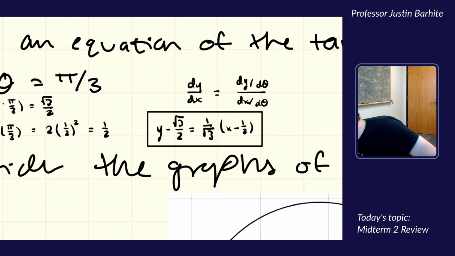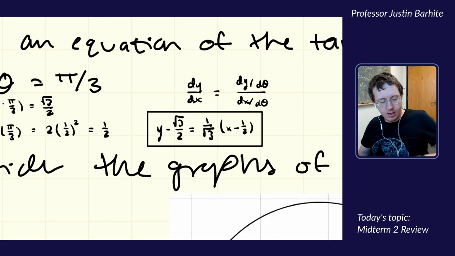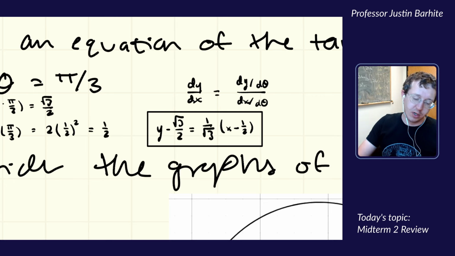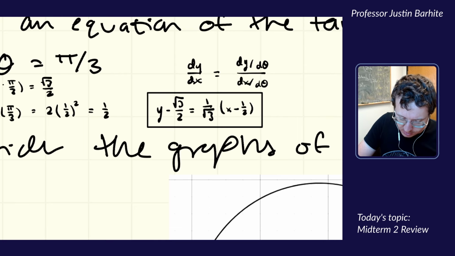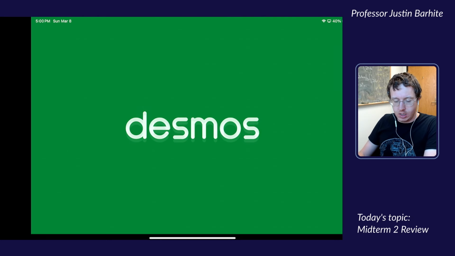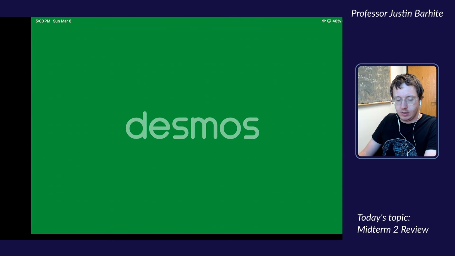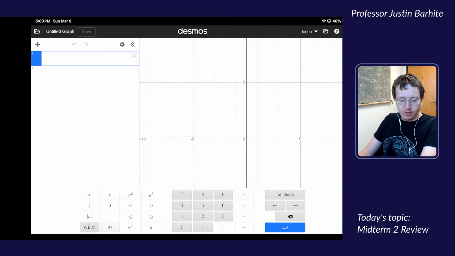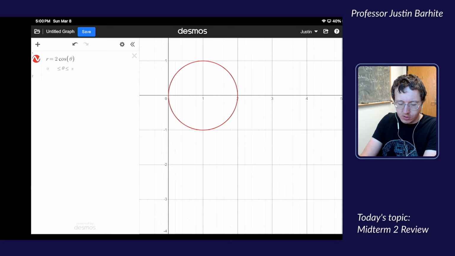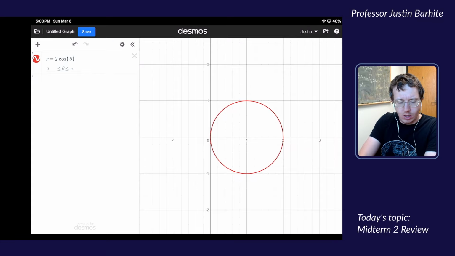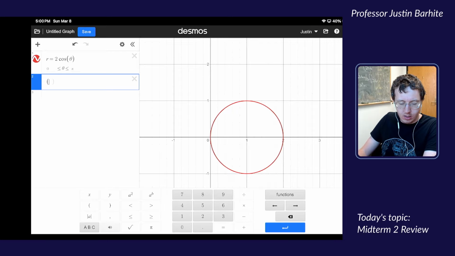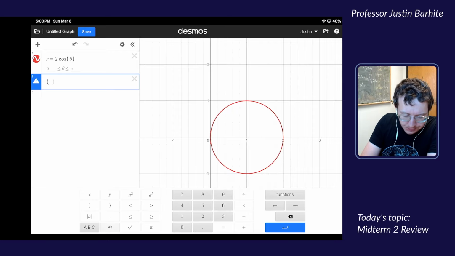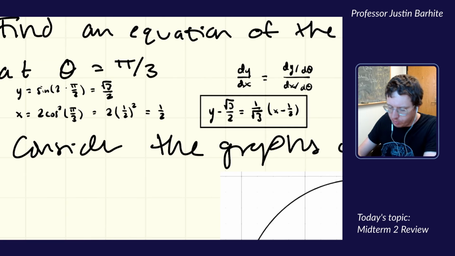And checking answers like this is something you should get in the habit of for homework. Of course, you can't do this on an exam, but I can go over to Desmos and graph this equation. It was r equals 2 cosine of theta. That's a circle. And we were looking at the point, sorry, the x and y coordinates were 1/2 and √3/2.